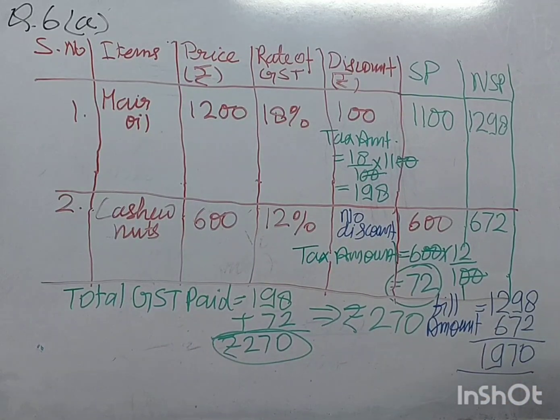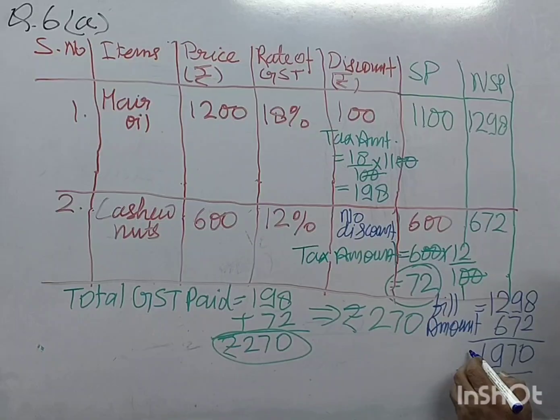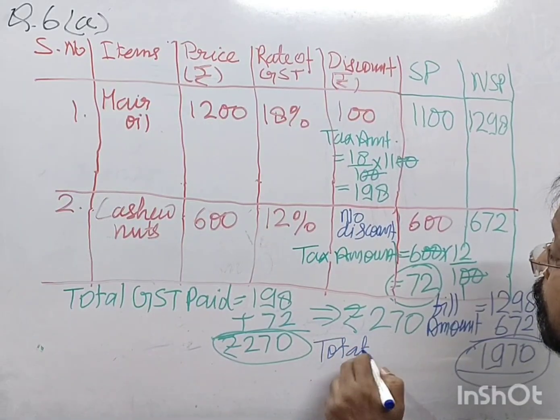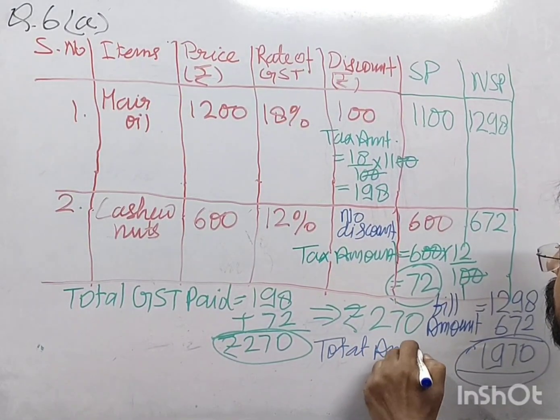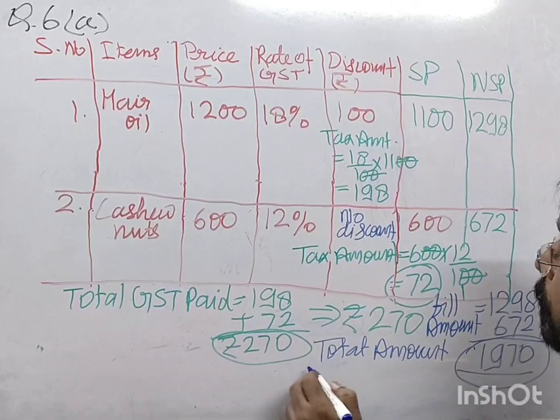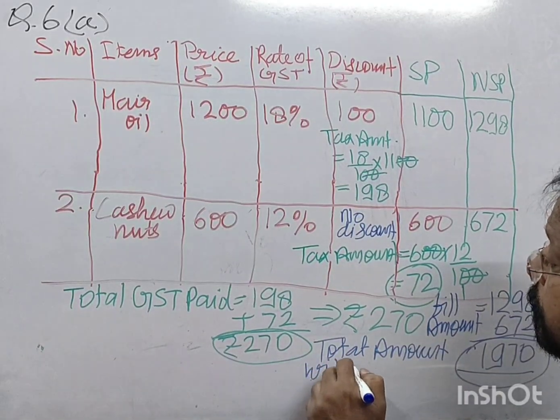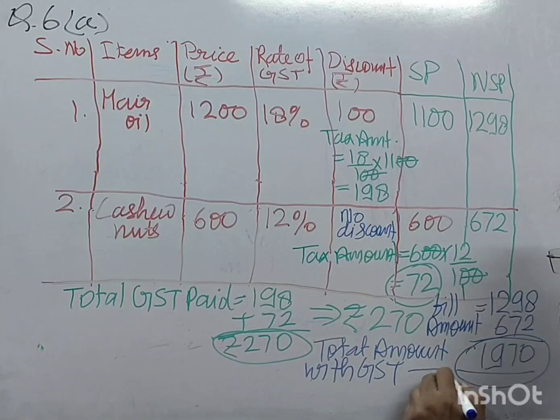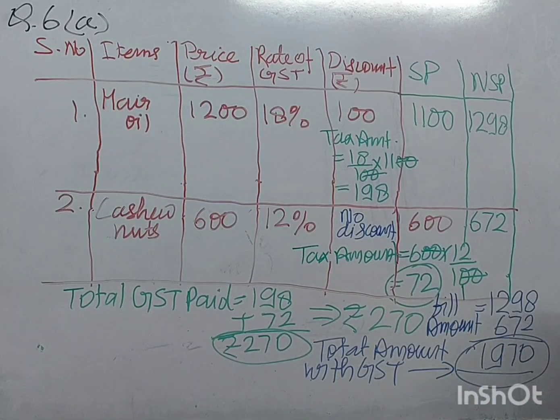This is the total amount with GST is equal to this much, 1970 rupees.